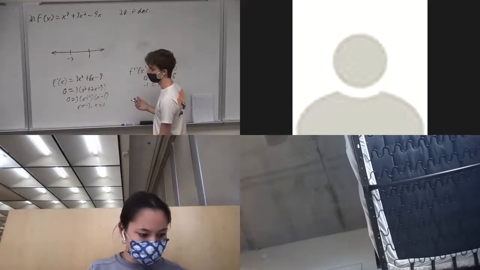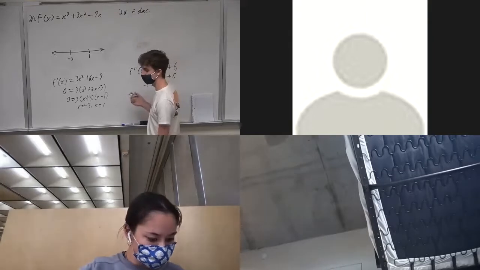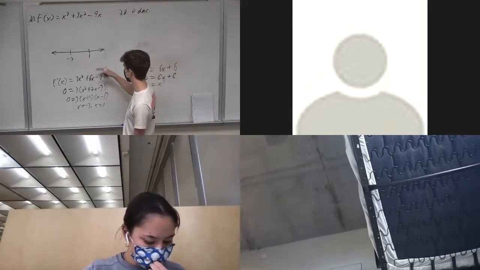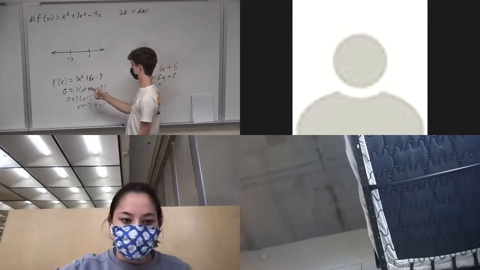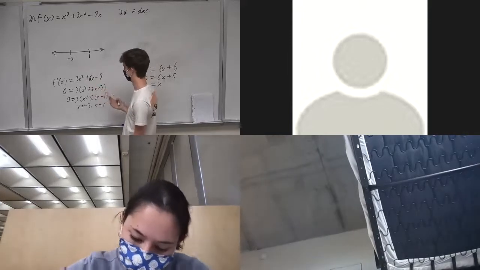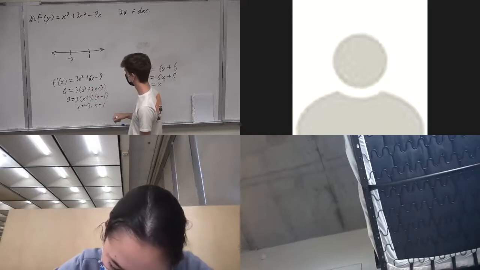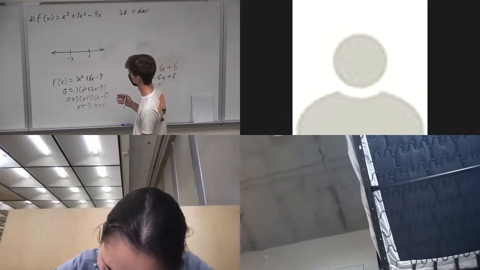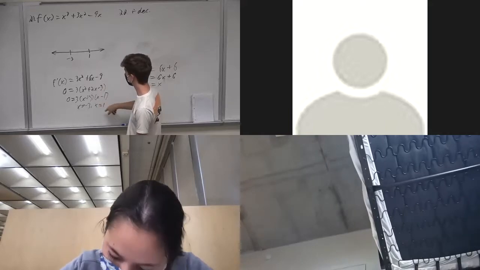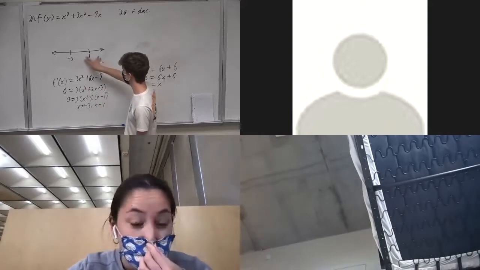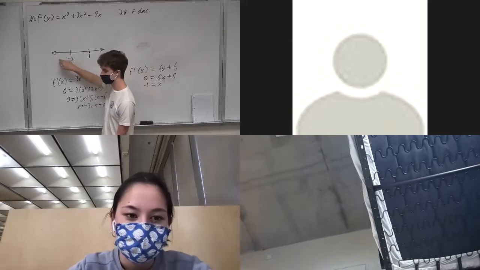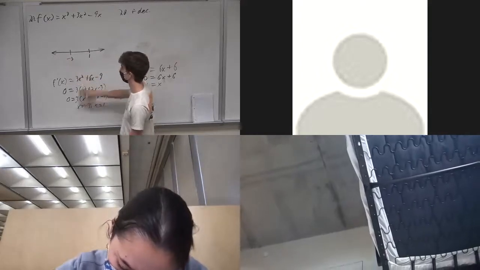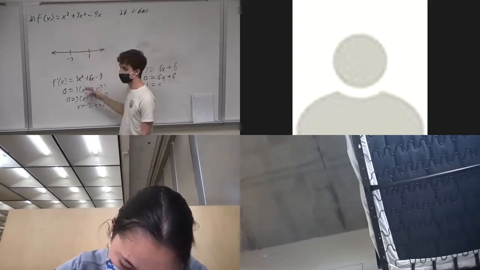And so now all I have to do is, based upon these points, plug in values in between them or outside of them to see if the derivative of f of x is positive or negative.